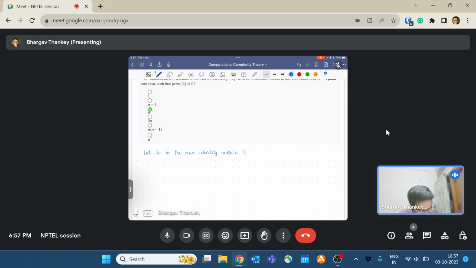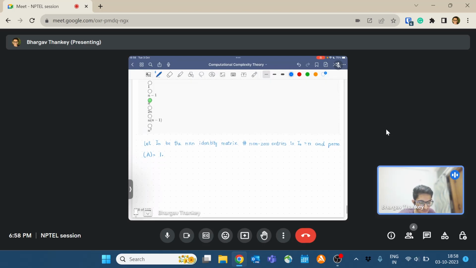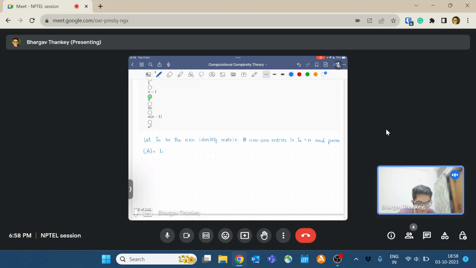The number of non-zero entries in I_n is n, and its permanent is 1, because the only permutation sigma for which the product a_i,sigma(i) is non-zero is the identity permutation, since there are no other non-zero entries. So there exists an n cross n matrix with n non-zero entries whose permanent is non-zero.